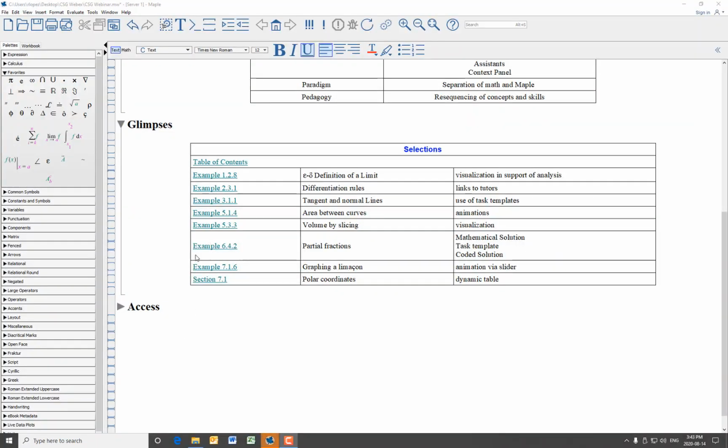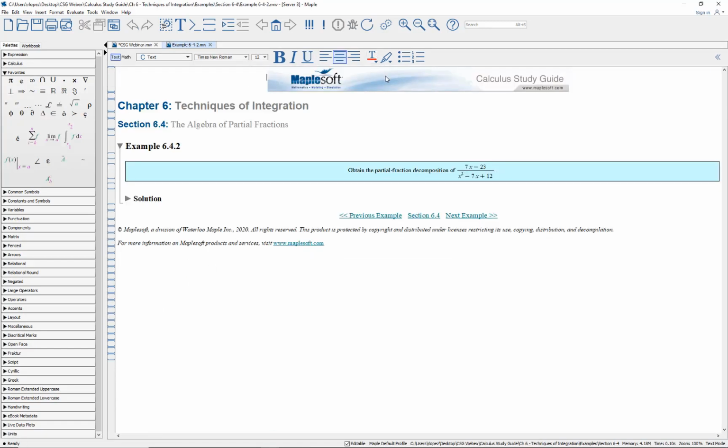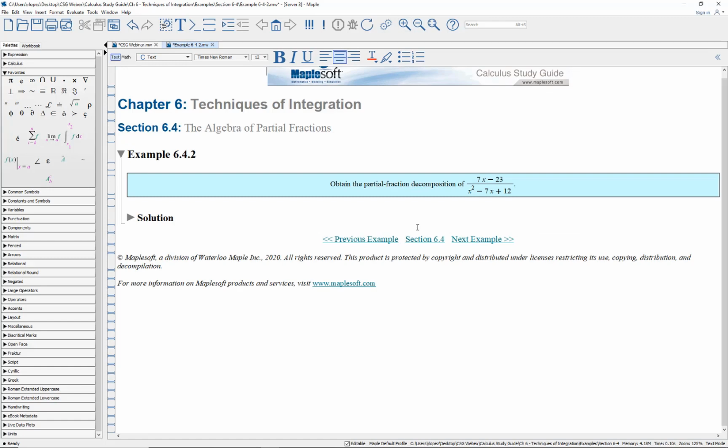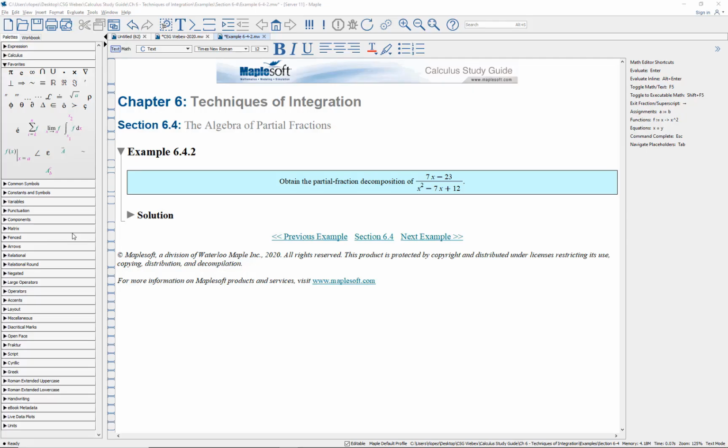This example has to do with the algebra of partial fractions. We get to see a mathematical solution, a task template, coded solution. In addition to the algebra of the partial fraction, there's the other part, the integration of the decomposed fraction. But in this example, we're just looking at the algebra of the partial fraction decomposition.